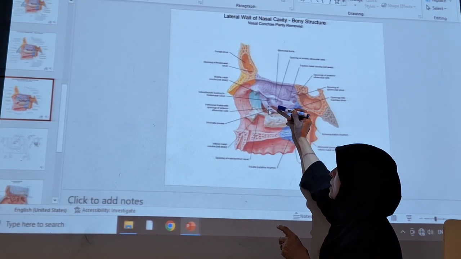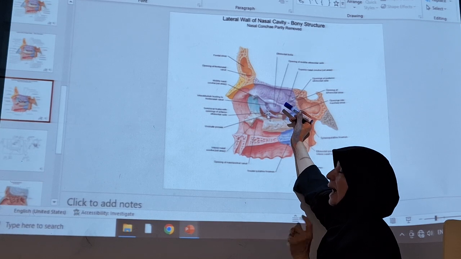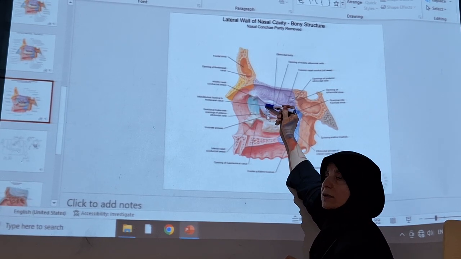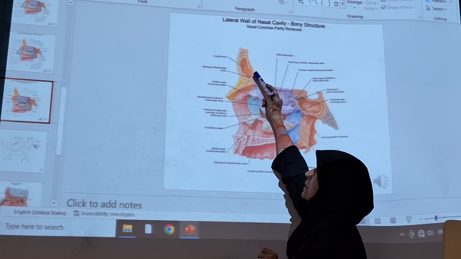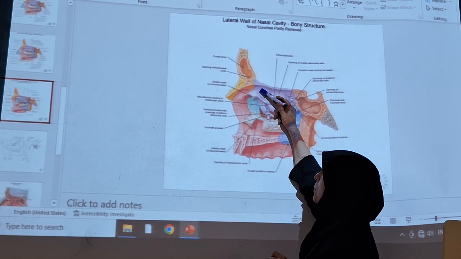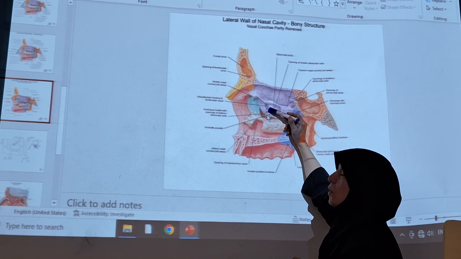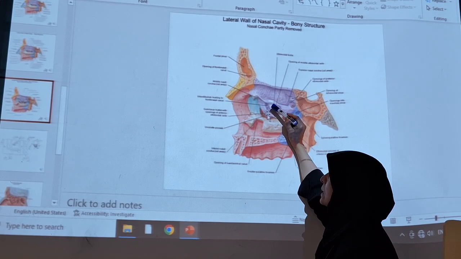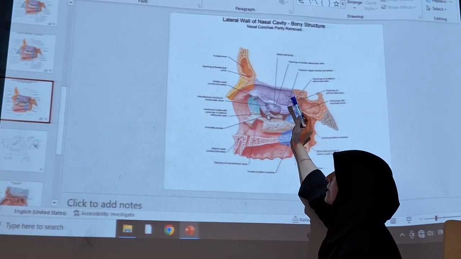Maxillary sinus is going to open here. And the frontonasal duct, the frontal sinus, is going to open to the infundibulum ethmoid. The anterior ethmoidal cell also is going to open to the ethmoidal infundibulum.